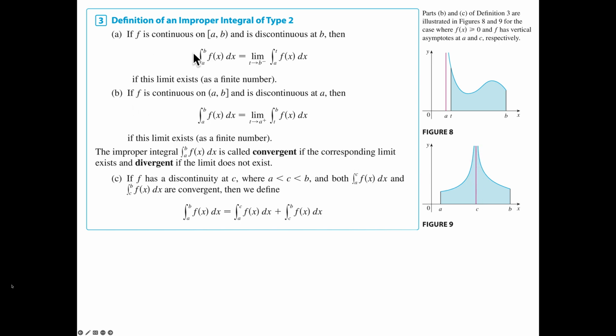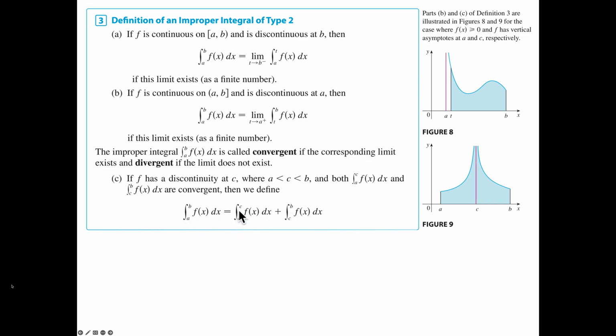So again, if the limit does exist in each of these cases, then we call it convergent. If the limit doesn't exist, it's divergent. So this one we'll have to check to see if our area converges, and the value we come up with, we get a constant. Is that truly going to be my area? All right, so again here, with C being in the middle, we're going to have to break it up into two parts.